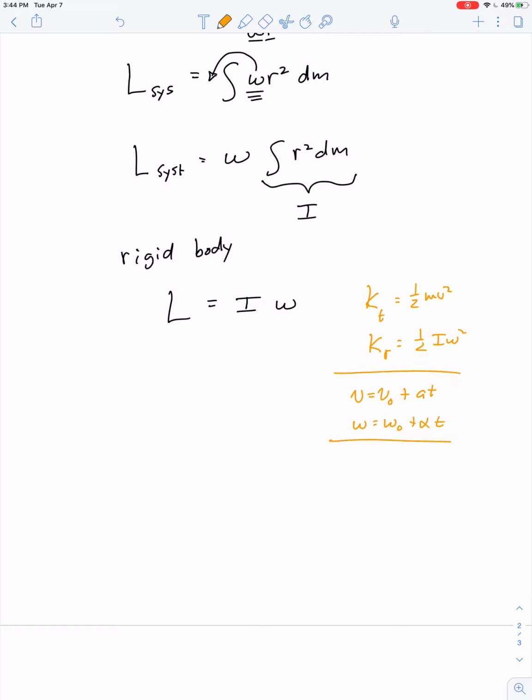Or what about force? Sum of all force equals mass times acceleration. Sum of all torque equals rotational inertia times alpha. So do you see it? We just derived an equation that says angular momentum for a rigid body is I omega. That looks very analogous to linear momentum is mass times velocity.